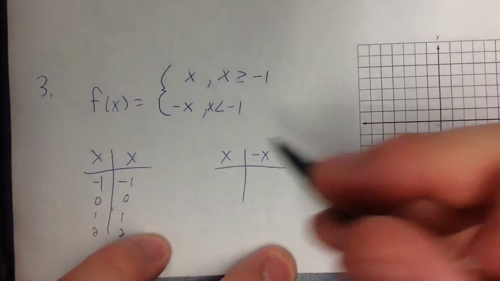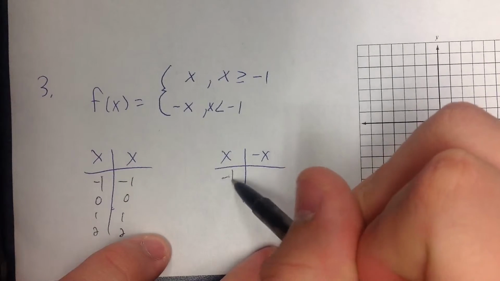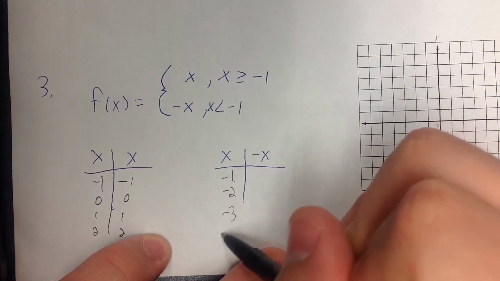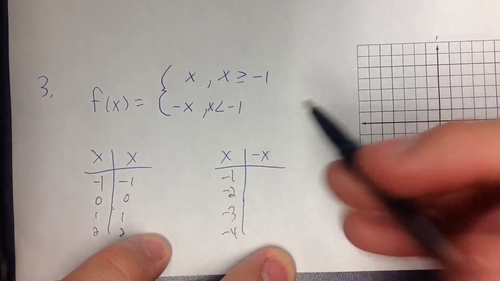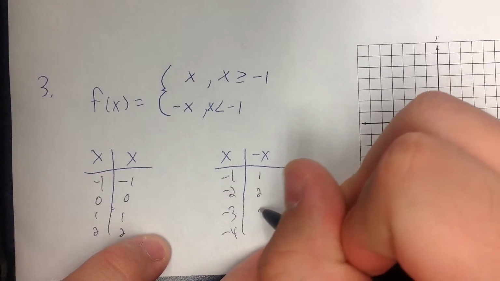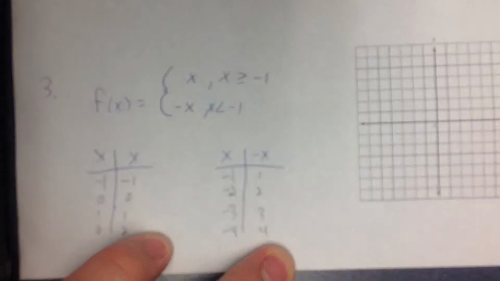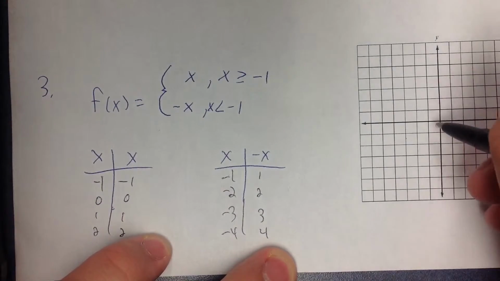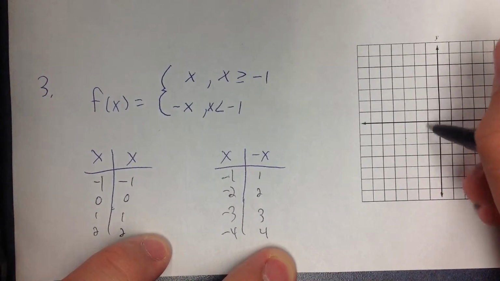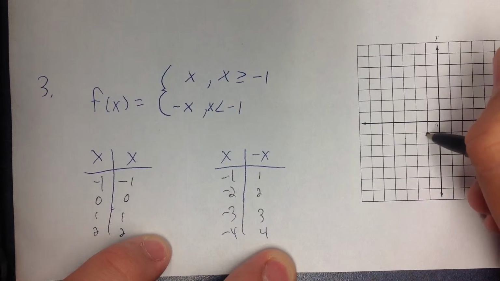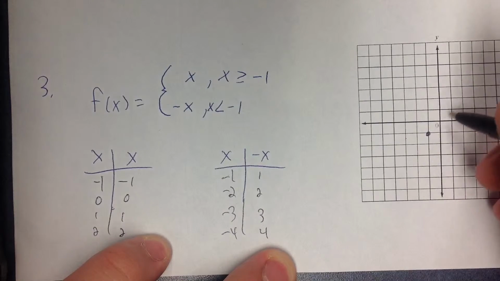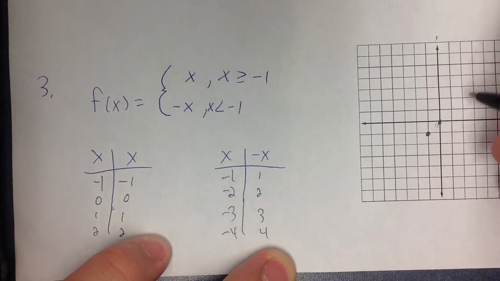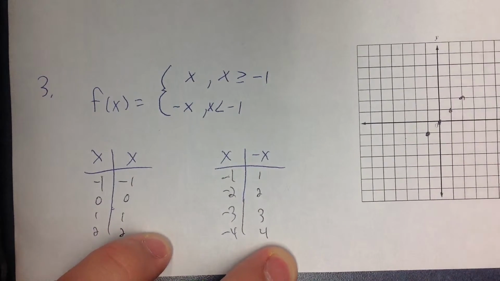So on this one I started negative 1, but I'm going less than, so negative 2, negative 3, negative 4. And this just means the opposite of those. So we'd have 1, 2, 3, and 4. So my first one I'd have negative 1, and it's a solid circle. Then I'd have 0, 0, 1, 1, and 2, 2.